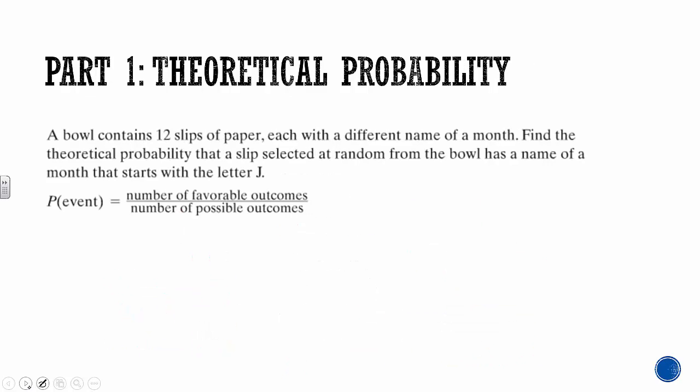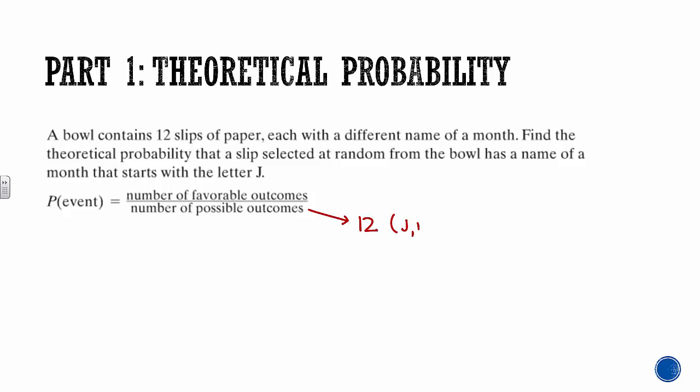So, for an example, if a bowl contains 12 slips of paper, each with a different name of a month, so we have January, February, on and on, find the theoretical probability that a slip selected at random from the bowl has a name of a month that starts with the letter J. So remember, we're going to take the number of favorable outcomes and divide by the number of possible outcomes. So remember, we know the number of possible outcomes is 12.